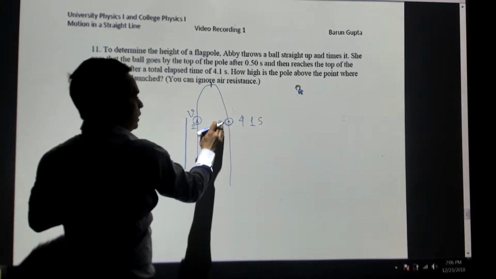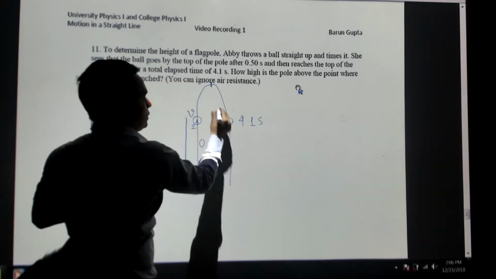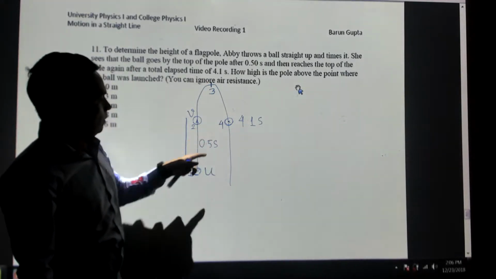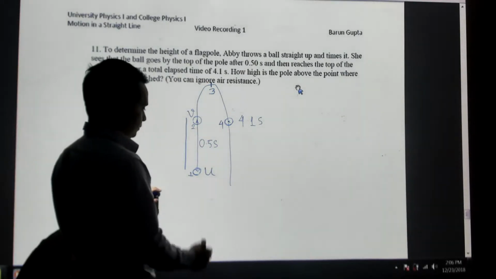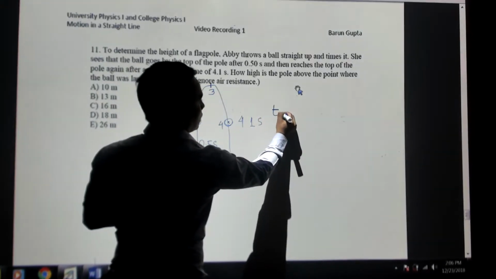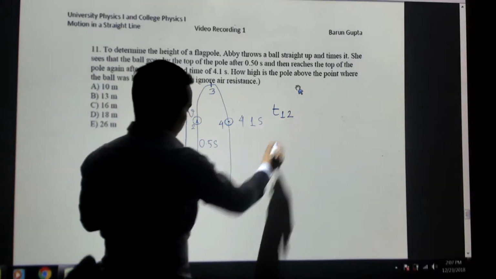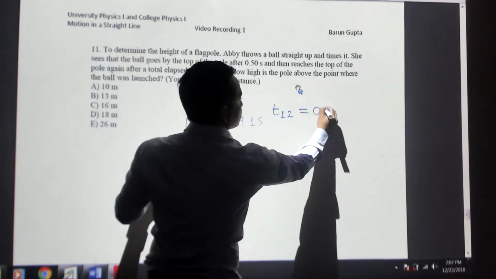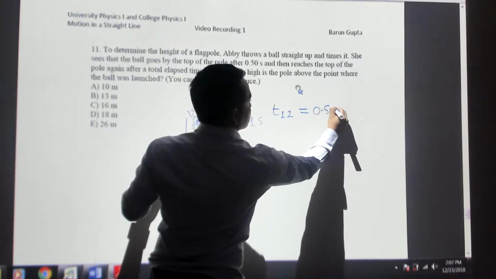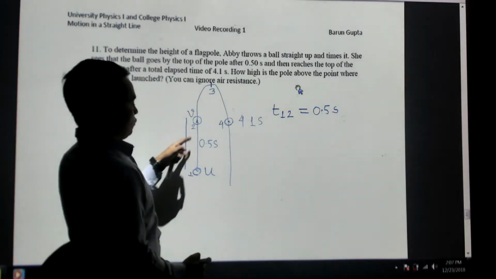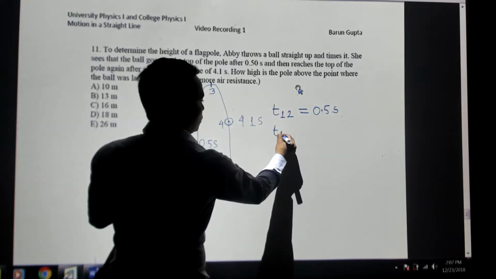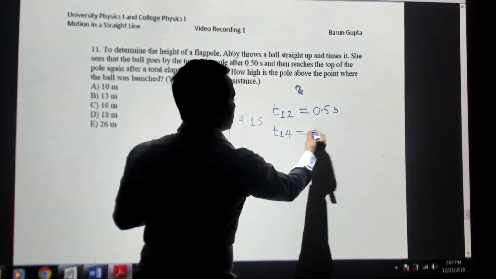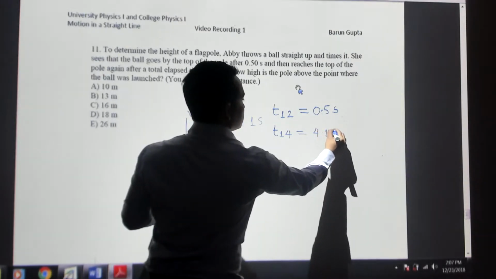Let me call this 4 and this 3. From 2 to 4, how long does it take? I'm just writing down all the information here. Time from 1 to 2 is 0.5 seconds. From 1 to 4, the time it takes is 4.1 seconds.